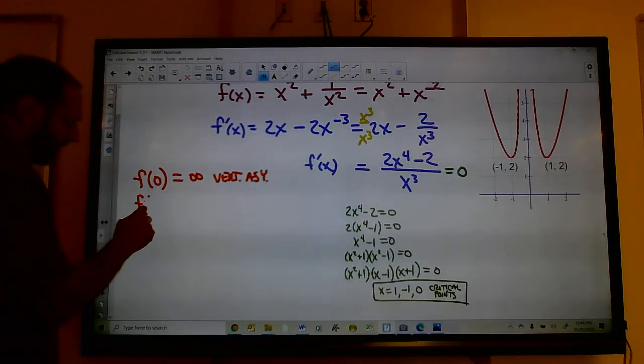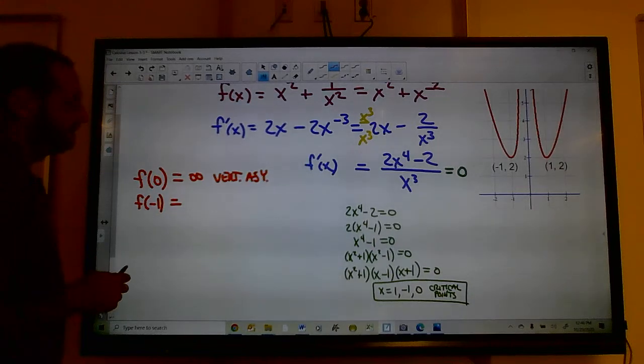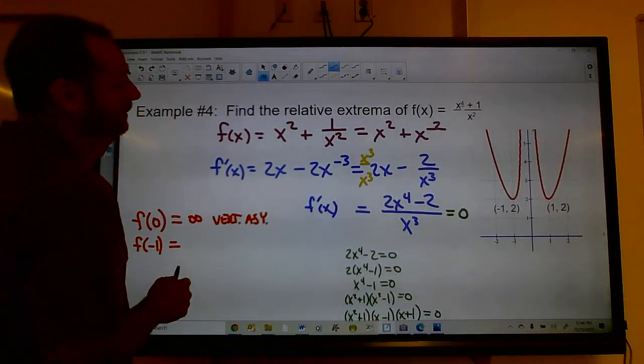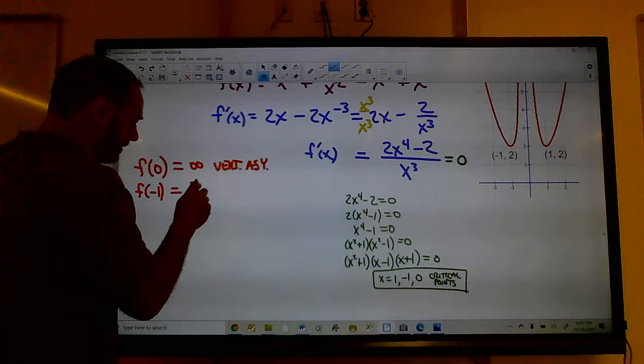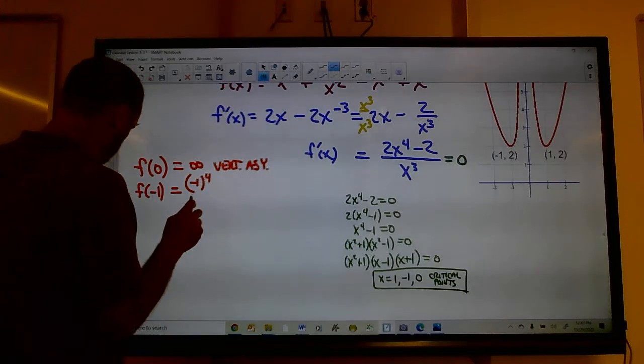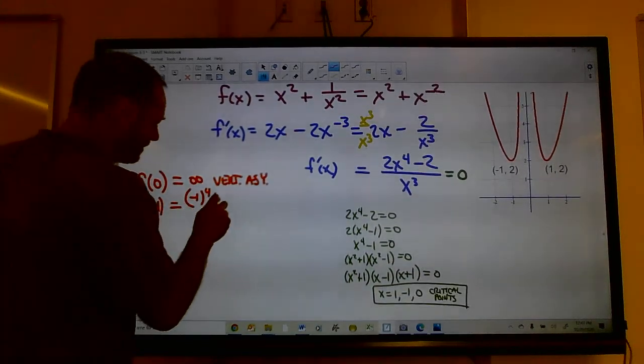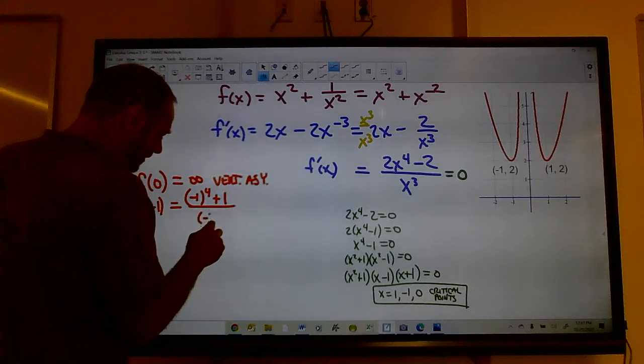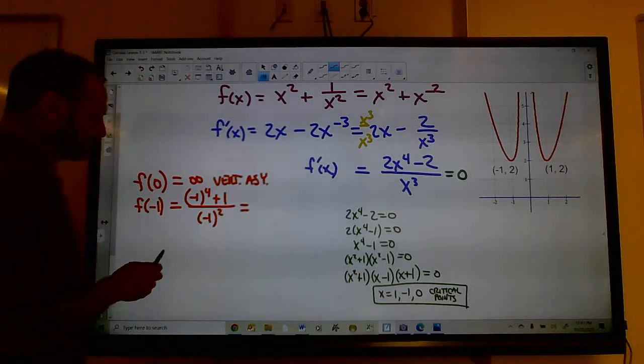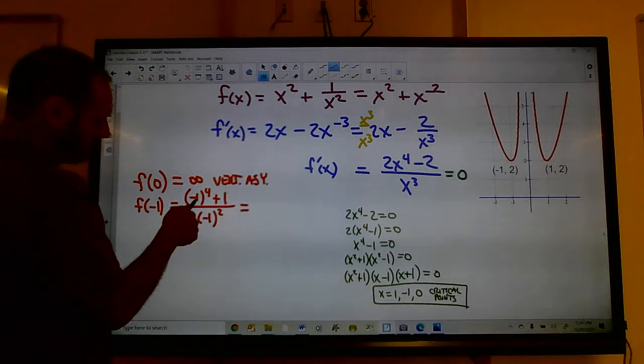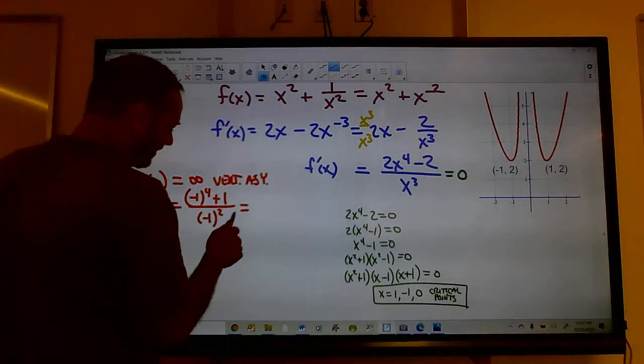I can find f of negative 1. So that'd be negative 1 to the fourth plus 1 over negative 1 squared. So that's going to be 1 plus 1 is 2 divided by 1, so that's 2.